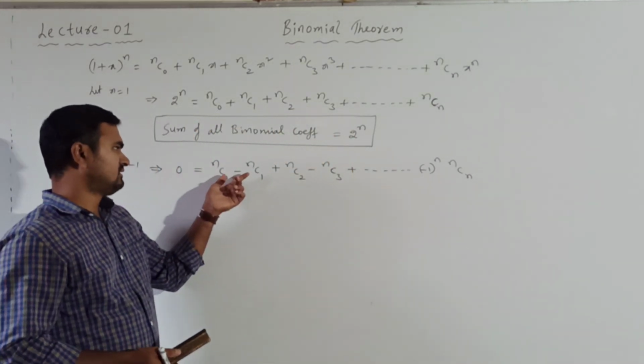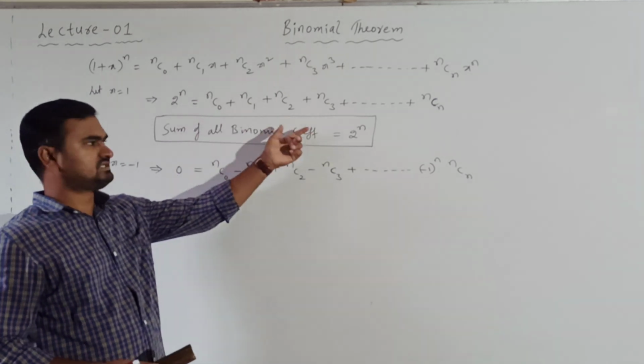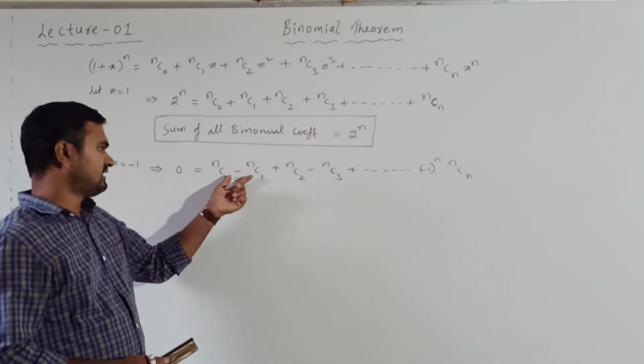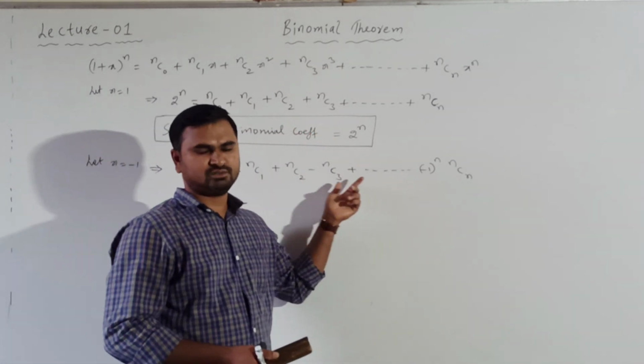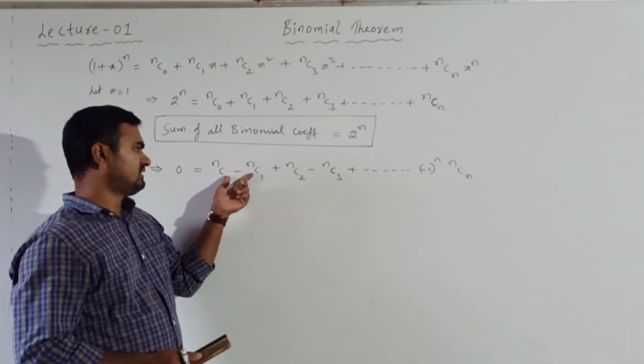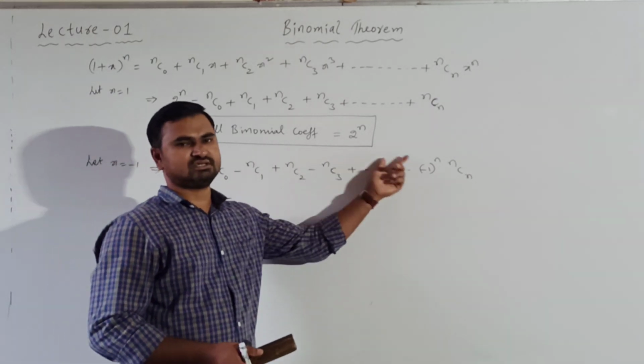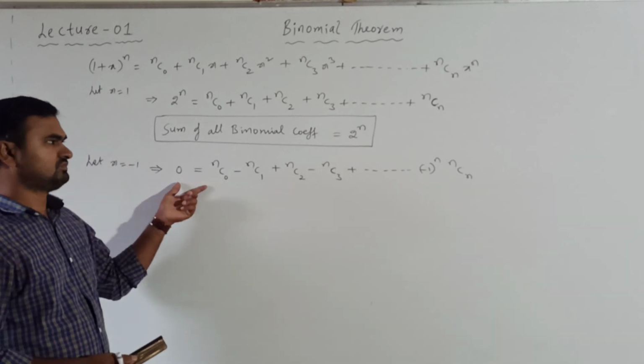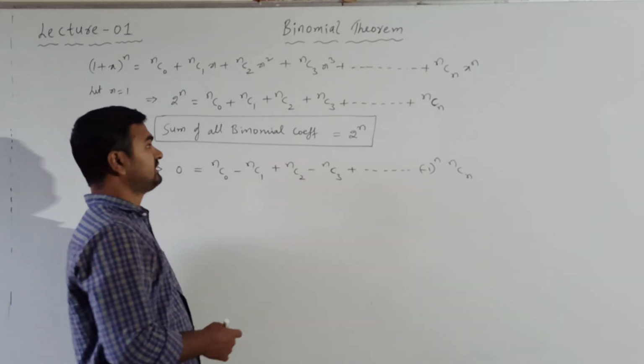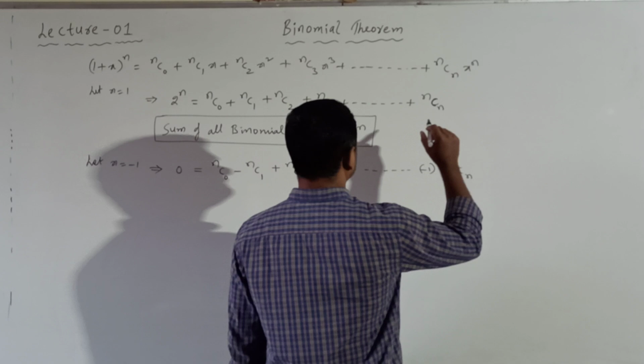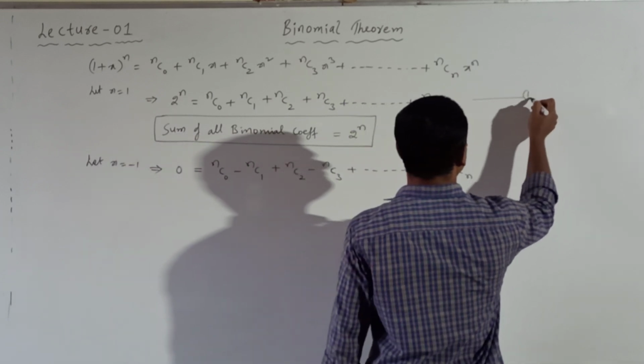So if you take the sum of binomial coefficients, it is 2 power n. But if you take alternately plus minus binomial coefficients, this summation is always 0. Okay. So this is one more thing we can study from the expansion 1 plus x whole power n.